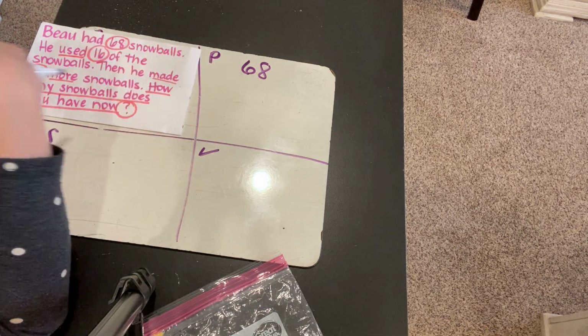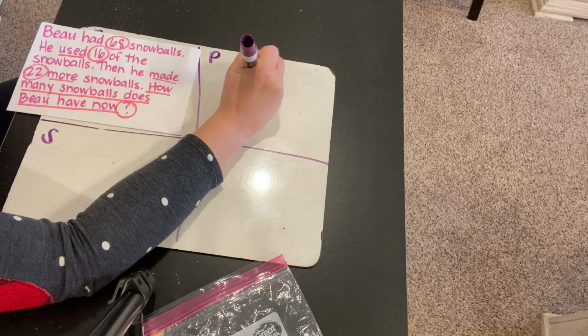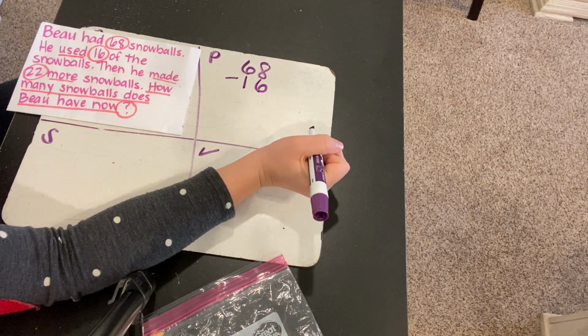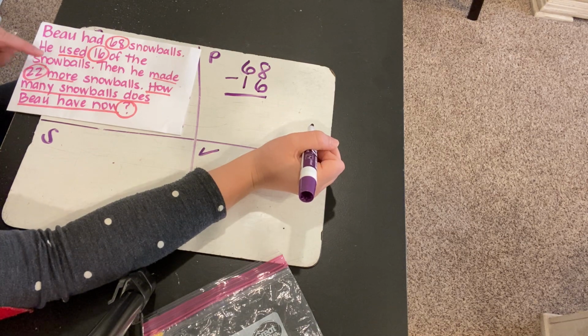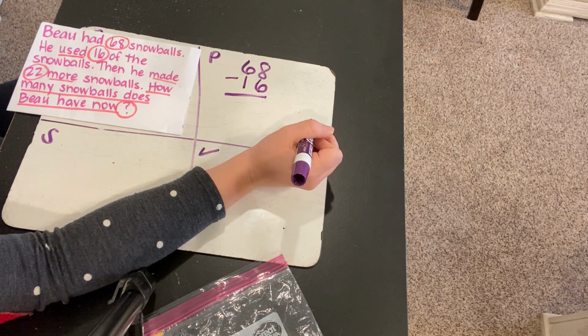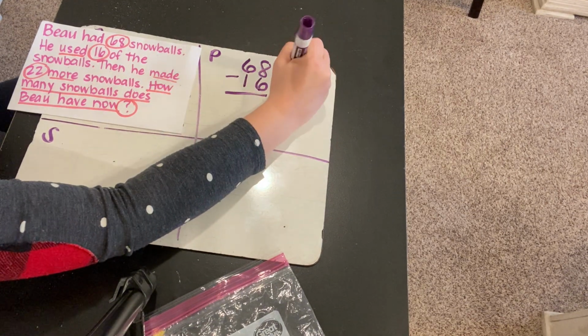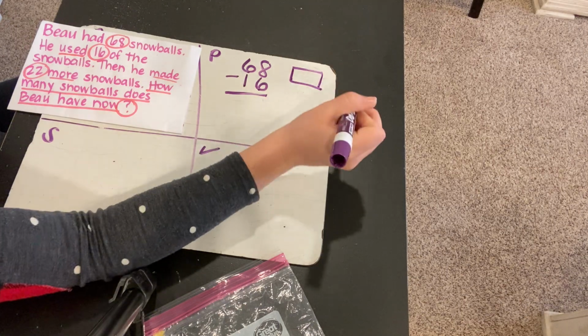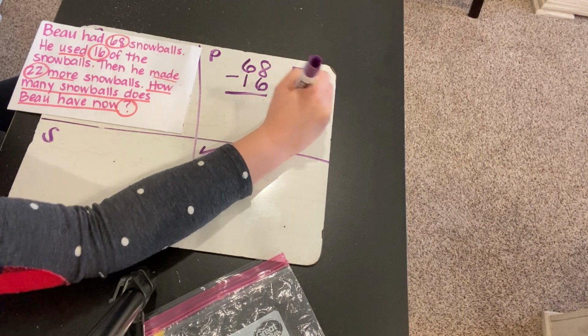If he's using what he had, he is taking away. So 68 minus 16. But then after that, he made 22 more snowballs. So after he used his 16, he had some left. And he made 22 more. So if he's making more, he's adding.